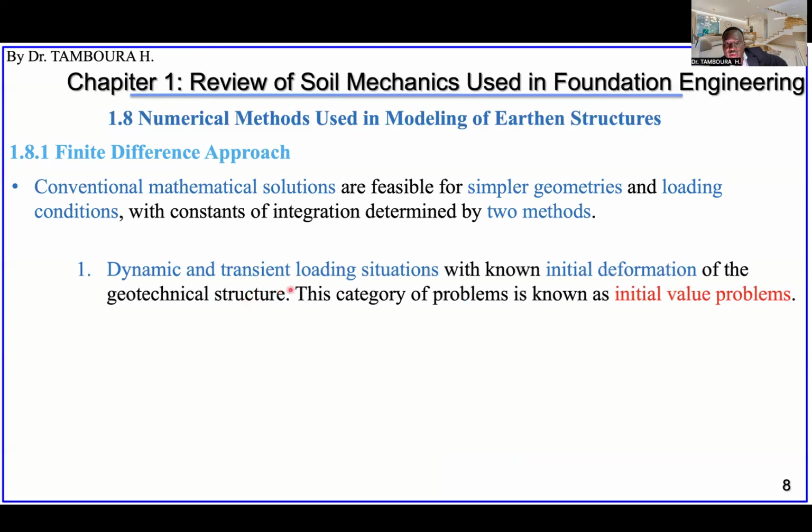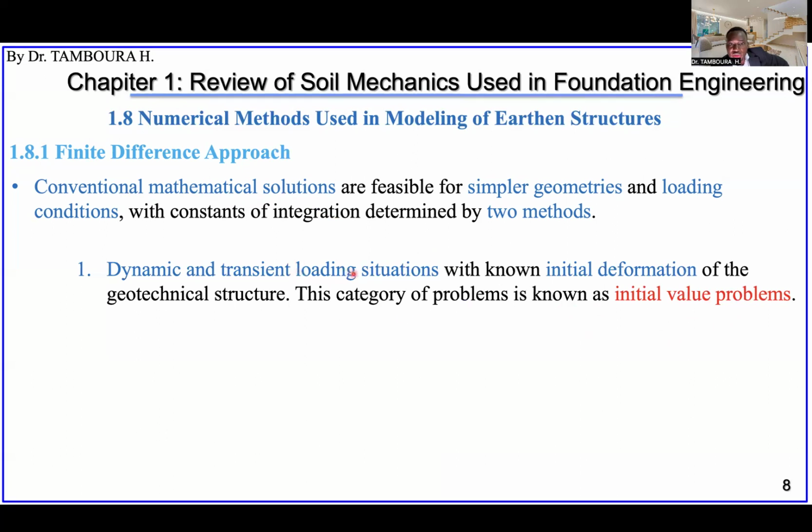The first case is dynamic and transient loading situations with known initial deformation of a geotechnical structure. This category of problem is known as an initial value problem, so you can use just conventional mathematical solutions for that.